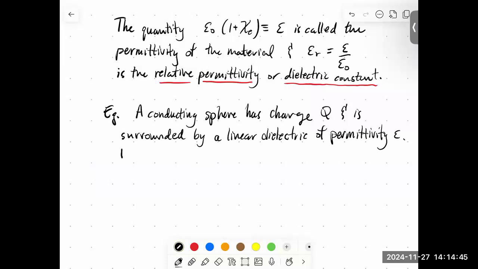What we're going to try to do is find the potential at the center.